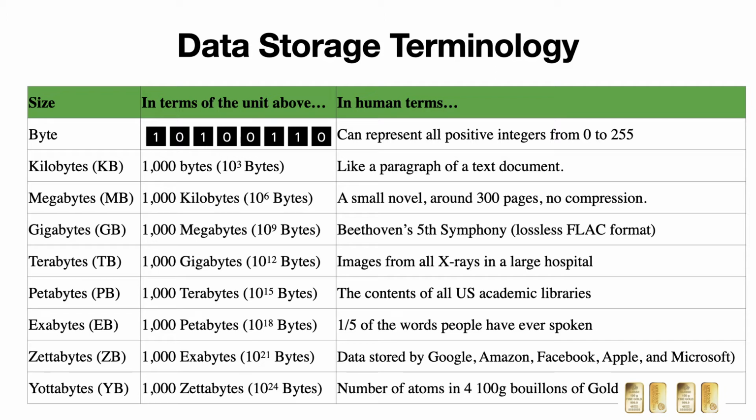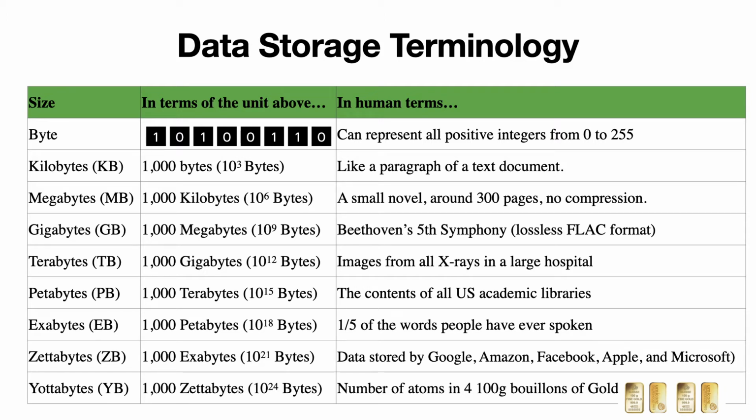A megabyte is 1000 kilobytes. So it will be something like a novel, a book of medium size. A gigabyte, if you think about that, could be like storing music with very good quality, in lossless FLAC format.